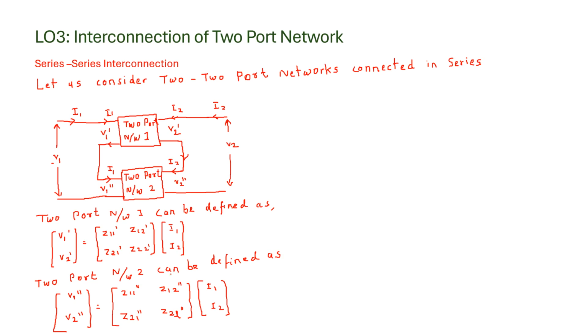So these are the two models we have for each of the two-port network. But there is a constraint equation. What is the constraint equation?